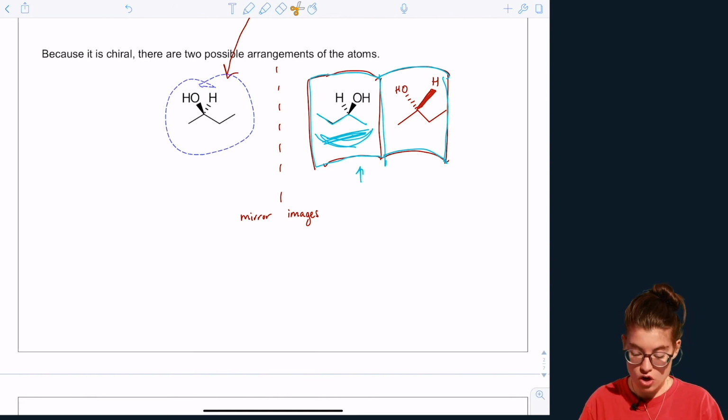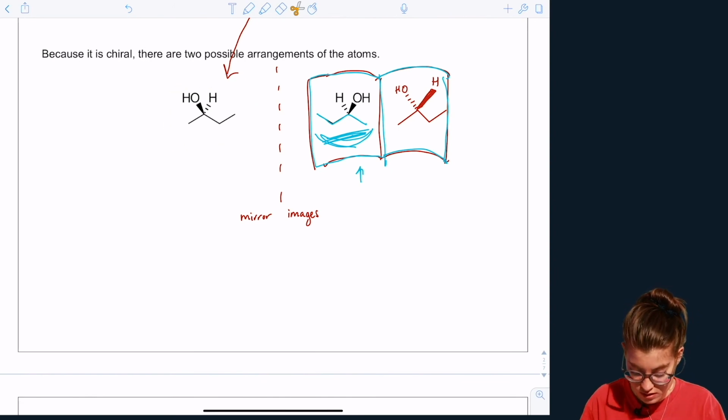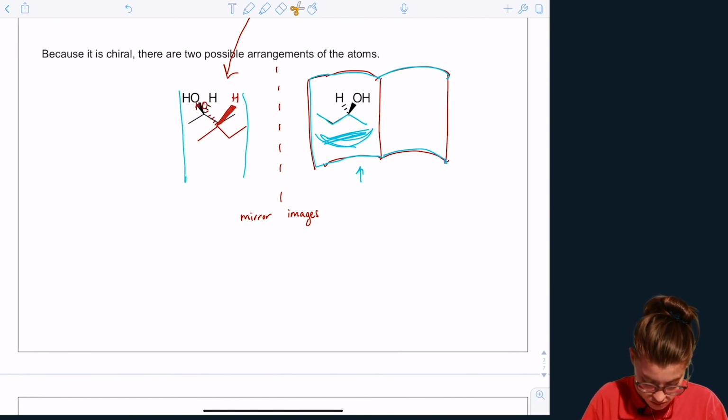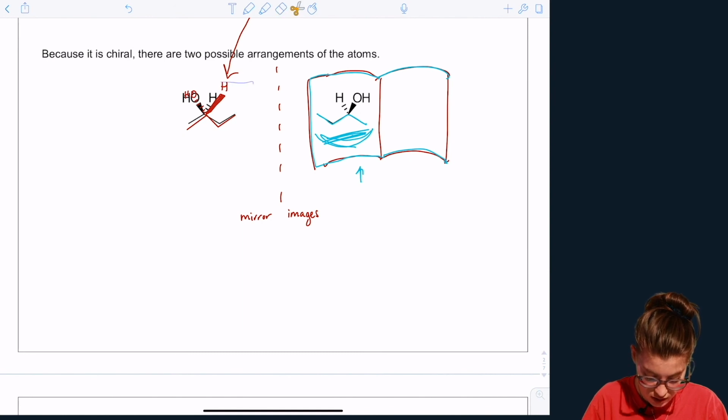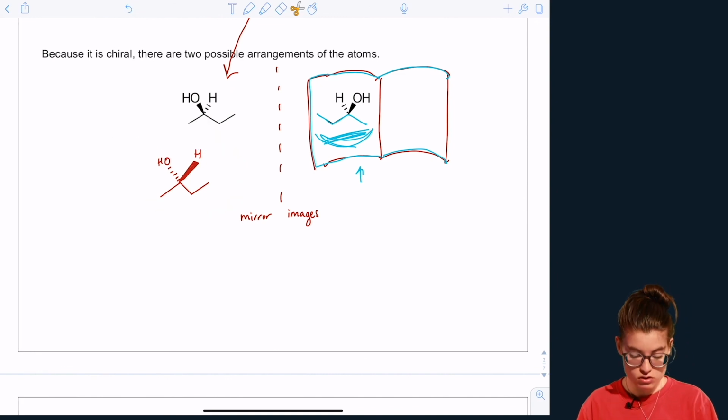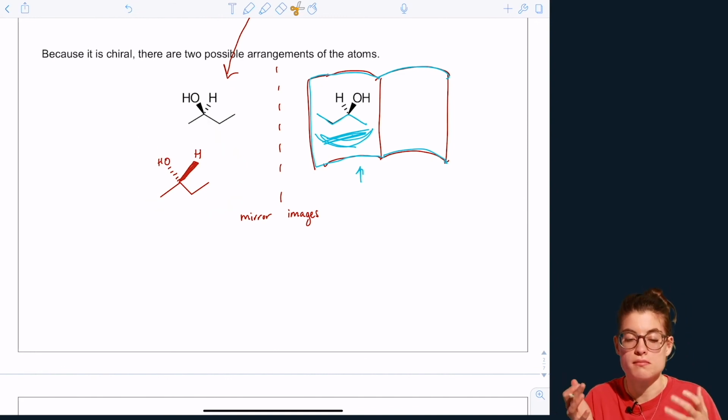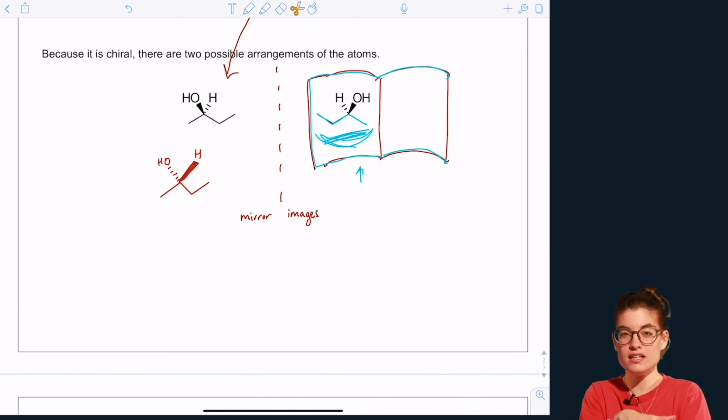I know that they're not identical because no matter how I manipulate or rotate this one, I cannot superimpose it onto the black molecule. To superimpose means that I can put two objects on each other and they will exist perfectly in the same space.